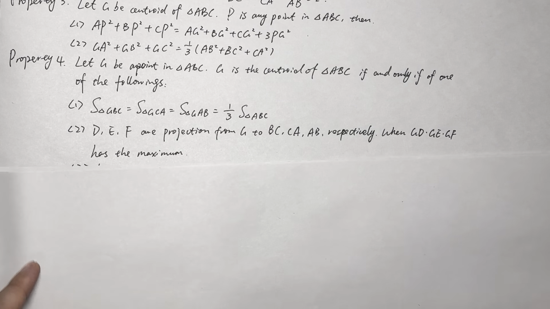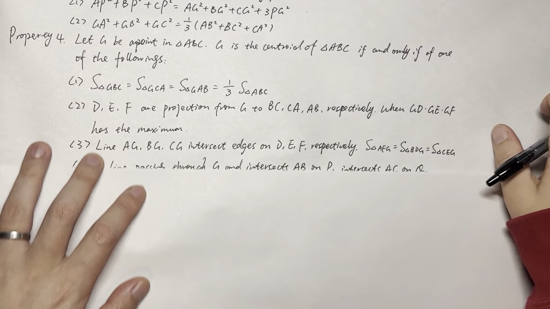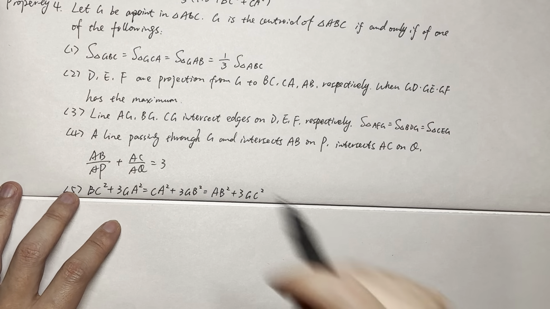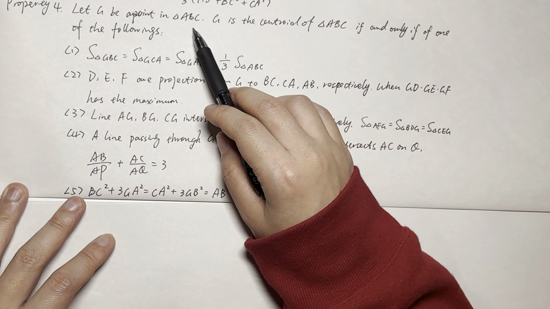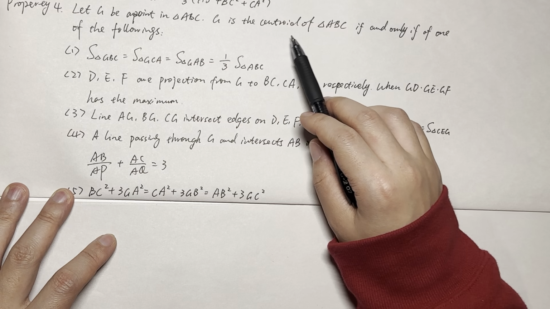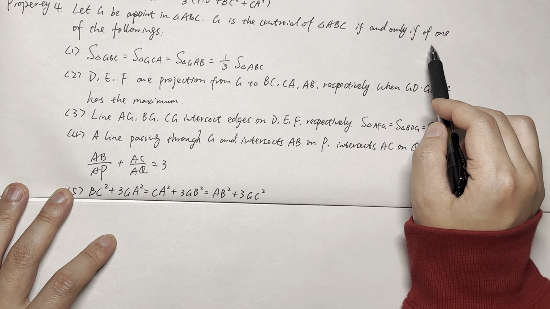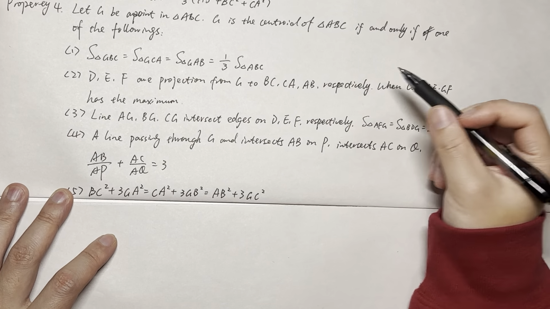Let's check property 4. Property 4 is saying that let G be a point in triangle ABC. G is a centroid of triangle ABC if and only if one of the following holds.